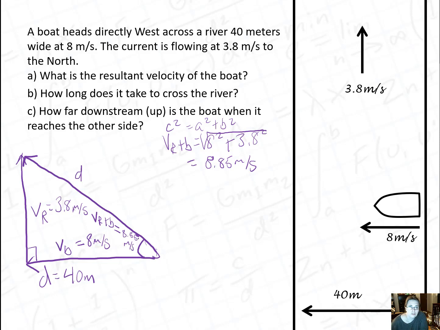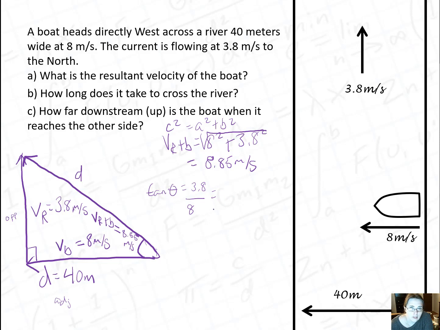Then we also need the angle. I always use the knowns, the things that were given to me, in case I messed up my math. So this is going to be opposite over adjacent. Opposite over adjacent is tangent, so tangent of theta is equal to the opposite, 3.8, divided by 8.